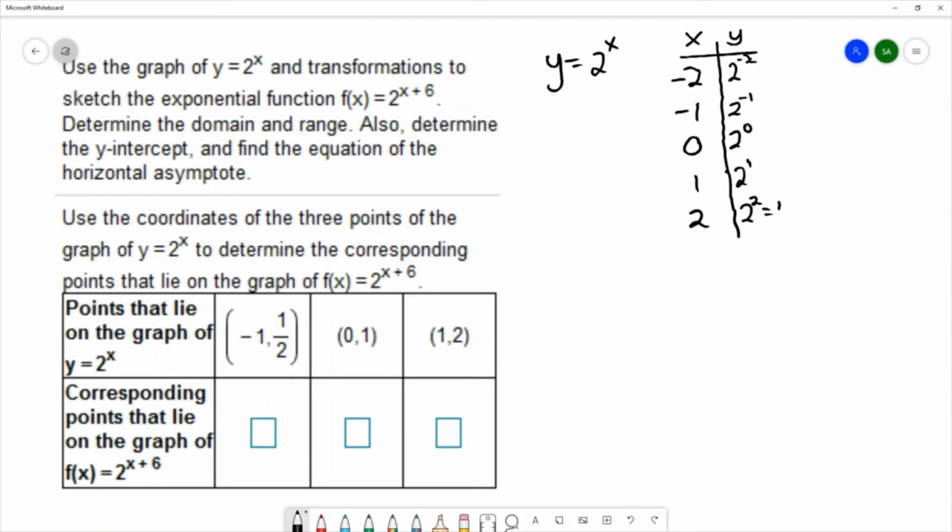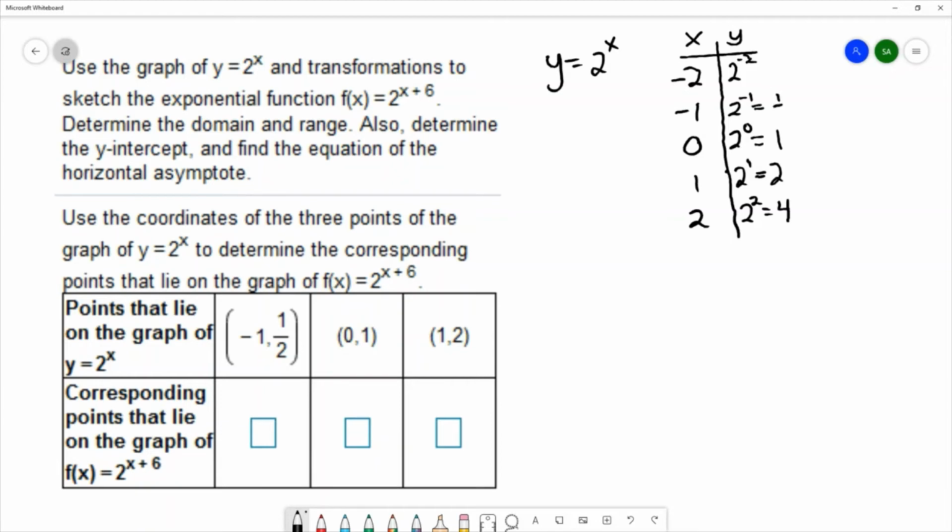2 to the second power is 4, 2 to the first power is 2, 2 to the 0 power is 1. 2 to the -1 power: having a negative in the exponent means reciprocal of that base. 2 is the base, -1 is the exponent. Having that negative means reciprocal of the base.